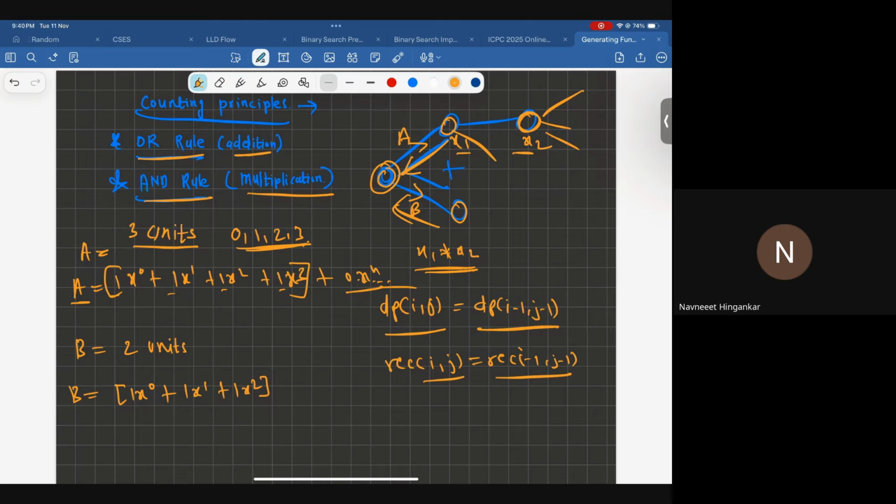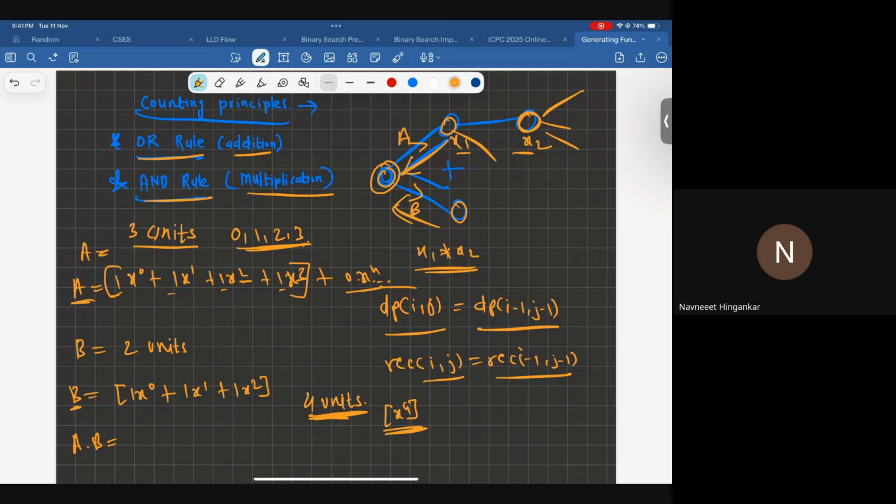And the moment I ask what is the total number of combinations in which I could spend, let's say, 4 units, we can just multiply A and B, right? When you multiply A and B, whenever the powers combine, they add, and what we need exactly is the coefficient of x raised to the power 4.